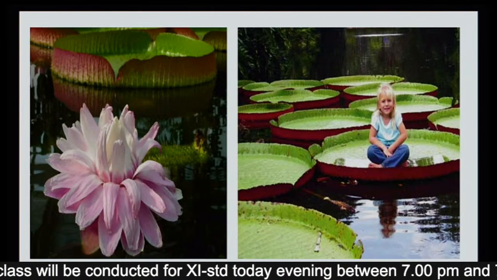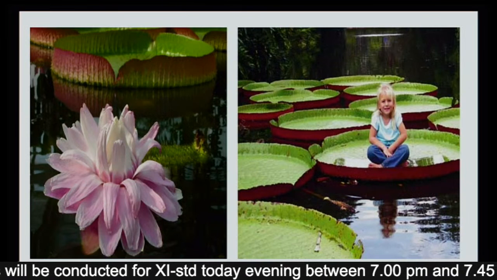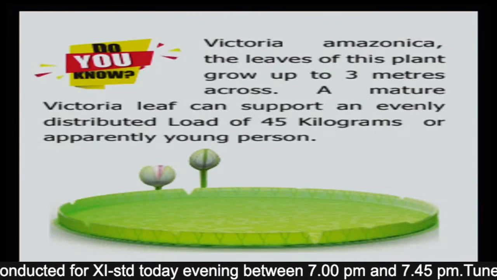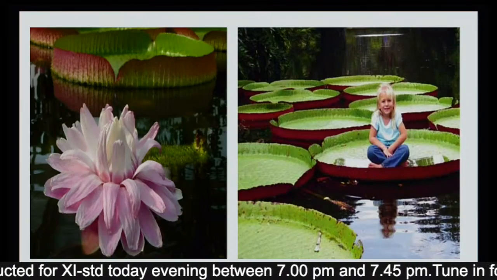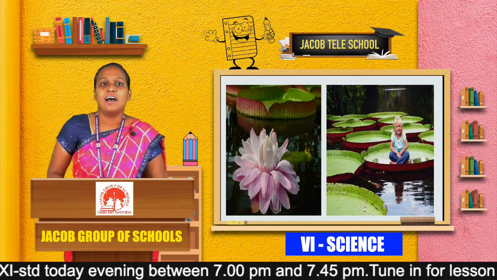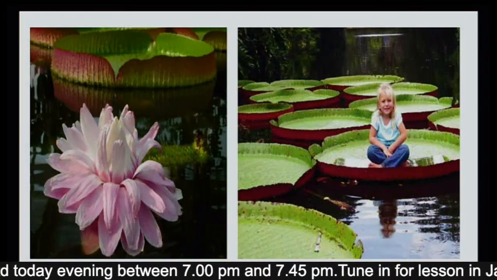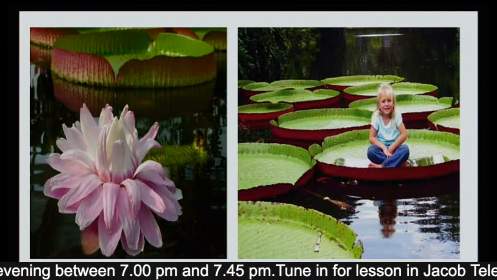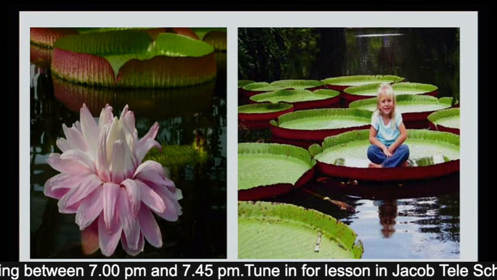Look at the next picture. One girl is sitting on the leaf. So this leaf support an apparently young person or the load of 45 kilogram. And in the left hand side you can see the flower, that is Victoria amazonica, otherwise called as giant water lily. This is the largest water lily present in the world.